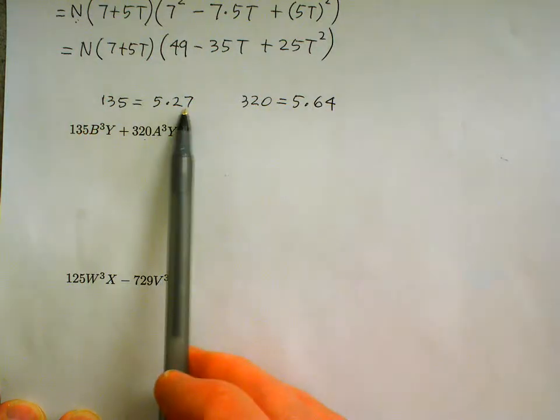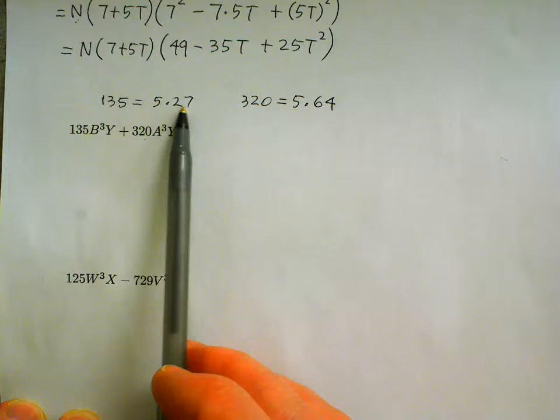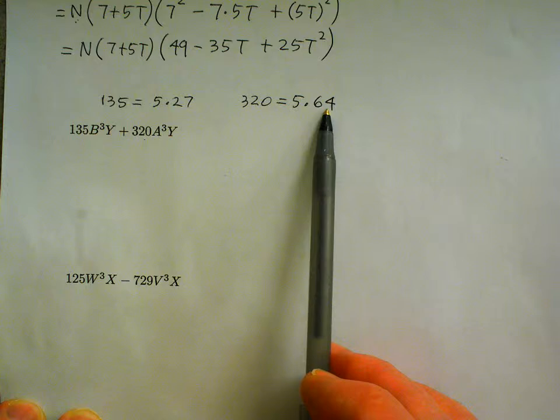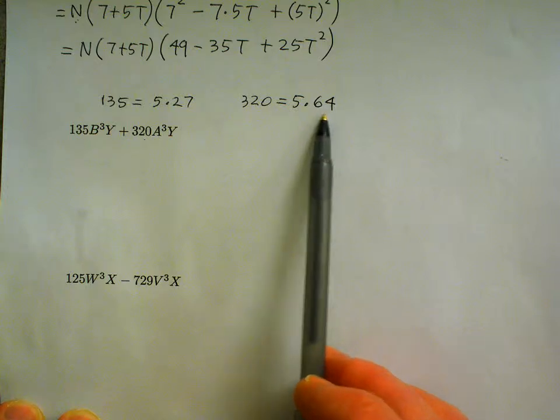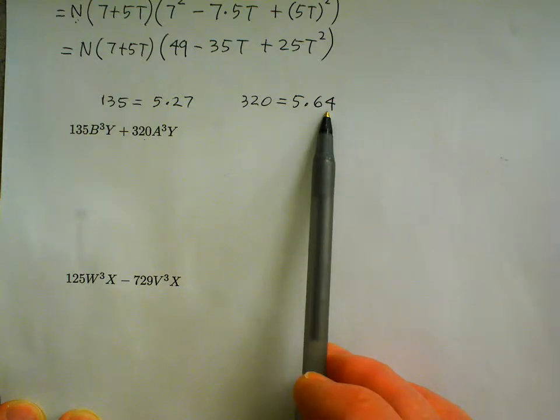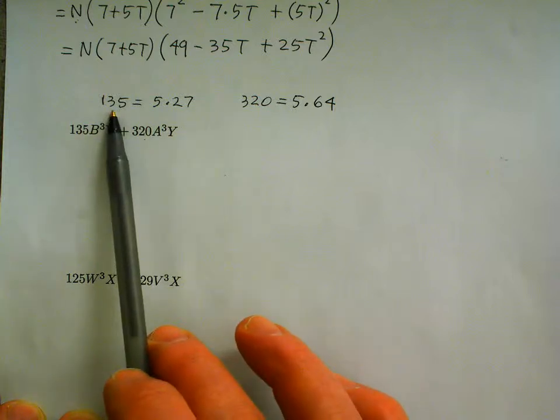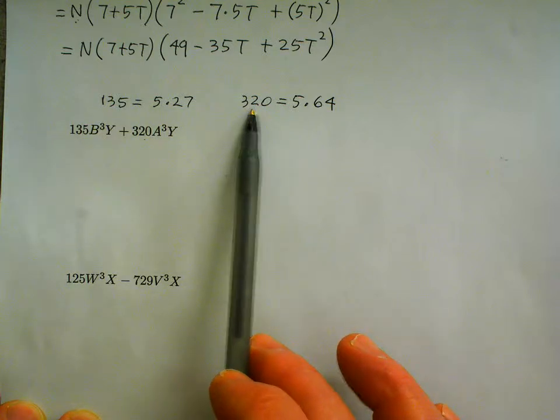The prime factors for 27 are 3 times 3 times 3, and the prime factors of 64 are 6 factors of 2. So the greatest common factor of 135 and 320 is 5.